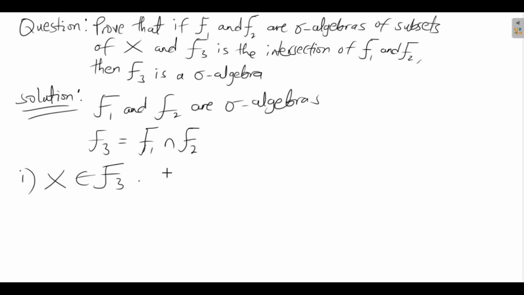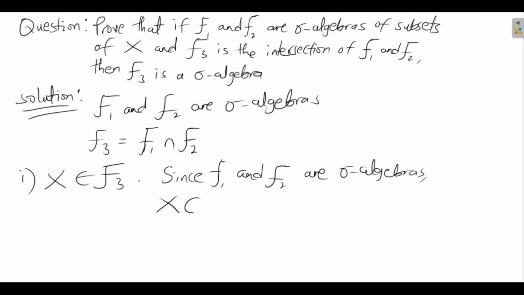Since F1 and F2 are sigma algebras, both are sigma algebras, it means that X belongs to both F1 and F2.